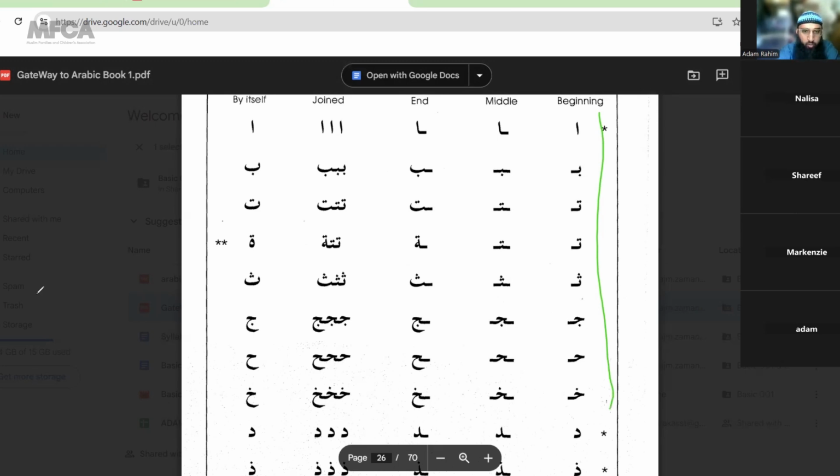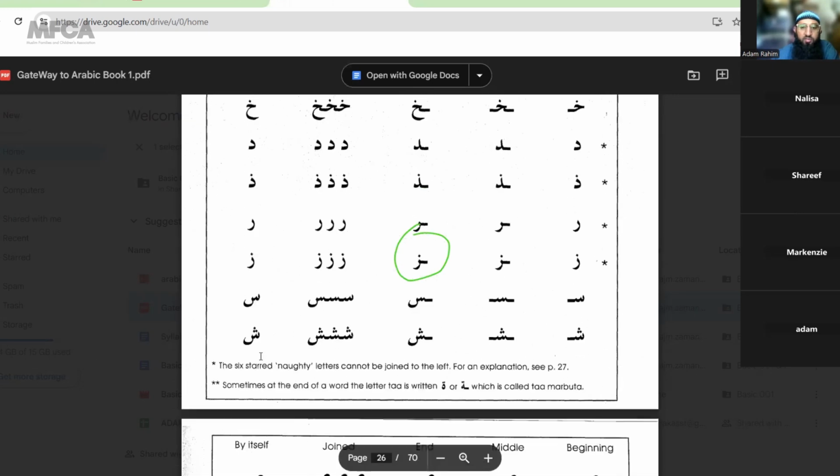I'll just mention another point here regarding the letter ta. If you notice that the letter ta, when it's written at the end, it's changed, right? It looks like this, right? And some of you may have heard the terminology ta marbuta, right? Which just means a closed ta.